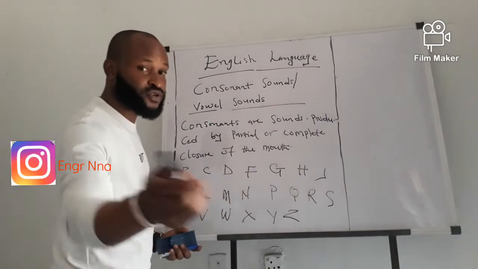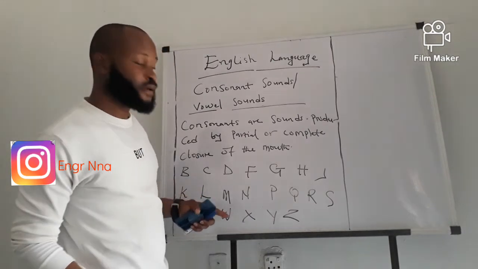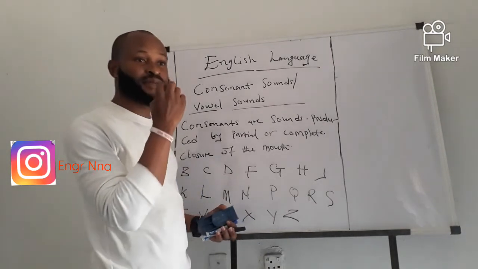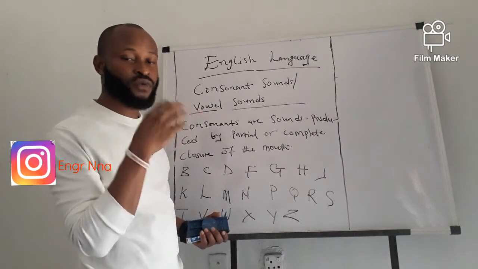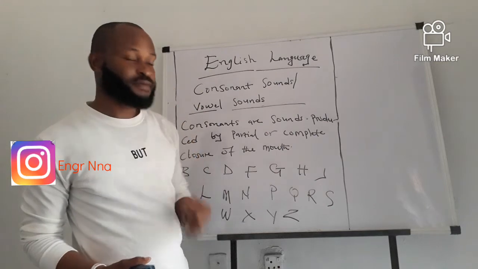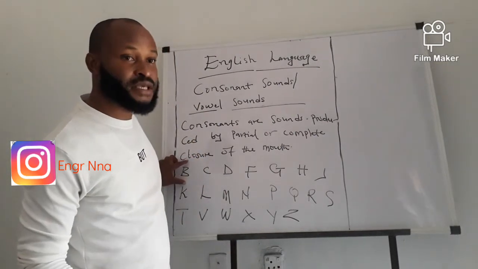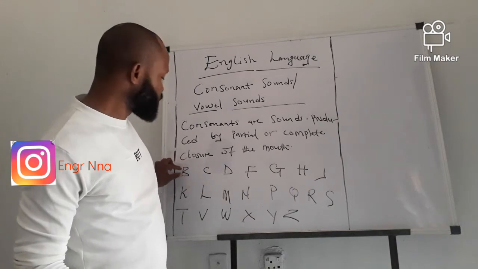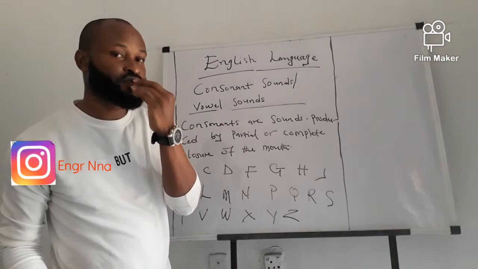In trying to produce the sound of this, when we say p, p, you see that the lips clip together before there is a friction between the upper and the lower lips before most of the sounds here are produced. When we say B, like p, p, you can feel how it comes through the closure of the lips.